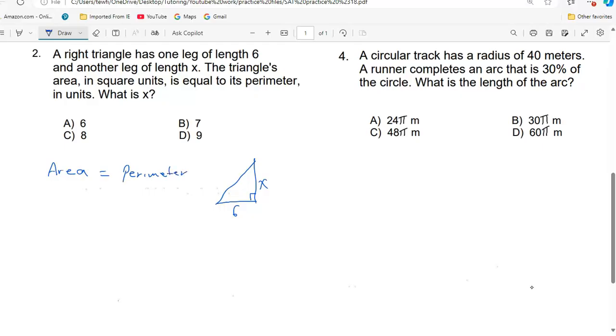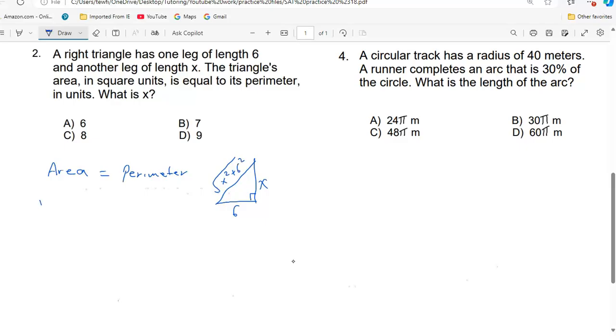So what is the area of a right triangle? Area equals half the base times the height. And what is the perimeter? We add the 3 sides, so the hypotenuse should be equal to what? From the Pythagorean theorem, the square root of x squared plus 6 squared.